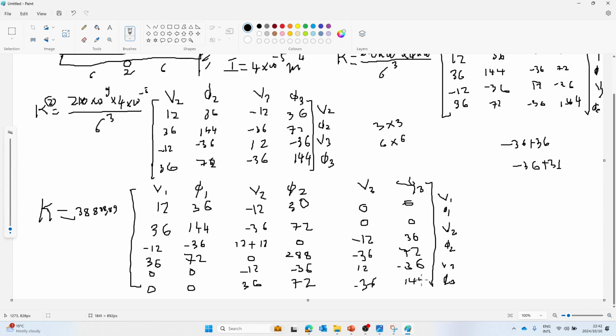If you do this, you get the global stiffness. Yes, this is the global stiffness.